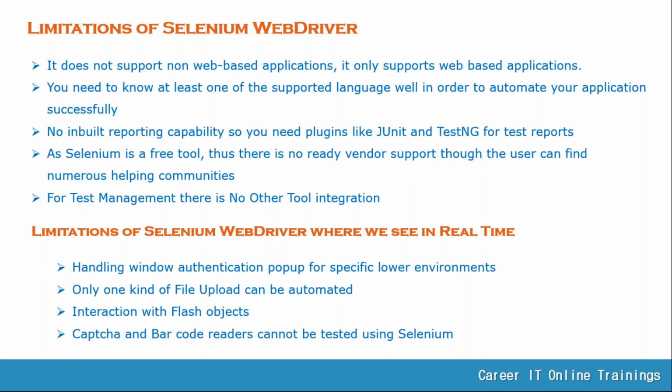One more limitation is that it doesn't have any inbuilt reporting capability, guys. After running your Selenium scripts alone, it won't generate any report. So we will use other open source reporting tools or different frameworks to generate a report. There is one popular framework called TestNG.